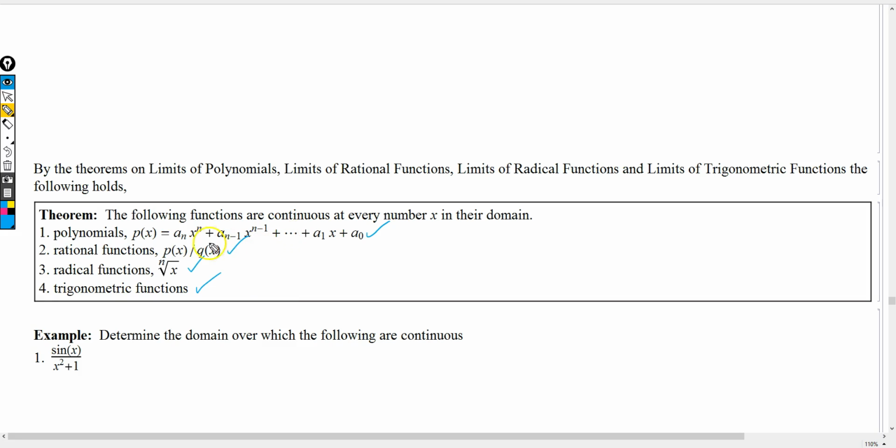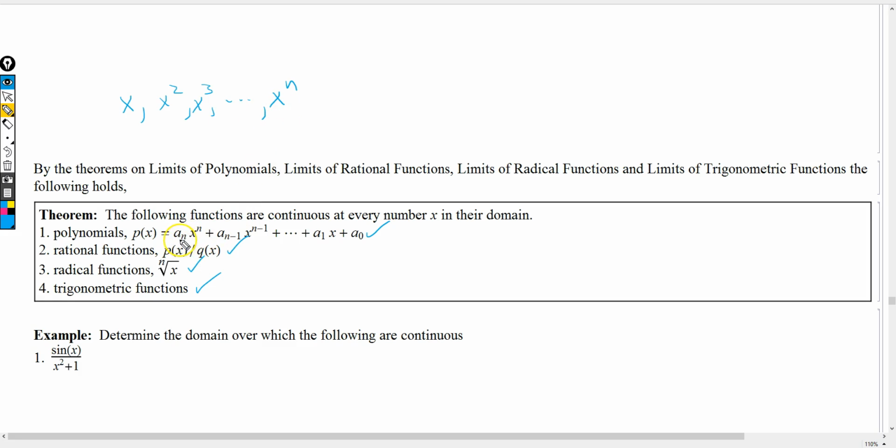Alright, now just to mention something here about the polynomials, the reason that this theorem follows from our previous theorem is, for example, if we look at number 1 here, if we wanted to prove that all polynomials are continuous, well, remember we just showed that x is a continuous function. So of course, x squared, x cubed, all the way out to x to the n, these are all continuous functions.